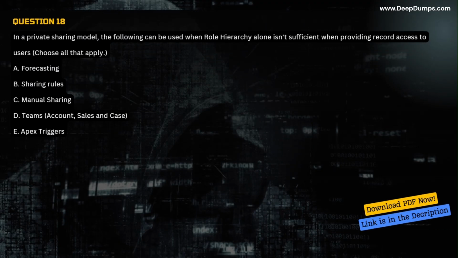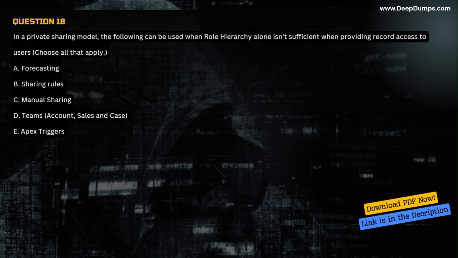Question 18. In a private sharing model, the following can be used when role hierarchy alone isn't sufficient when providing record access to users. Choose all that apply. A. Forecasting. B. Sharing rules. C. Manual sharing. D. Teams, account, sales, and case.